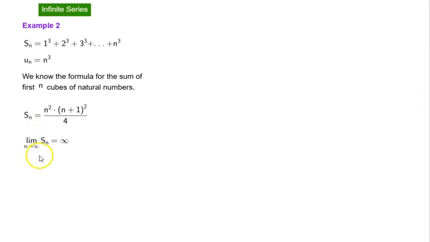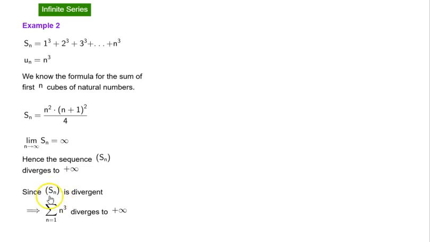So the limit as n goes to infinity of S sub n is infinity. Hence the sequence of partial sums diverges to plus infinity. And since the S sub n sequence is divergent, it implies that the series diverges to plus infinity.